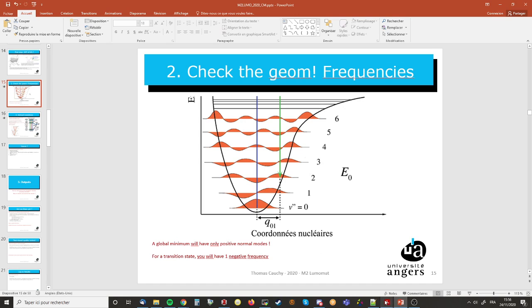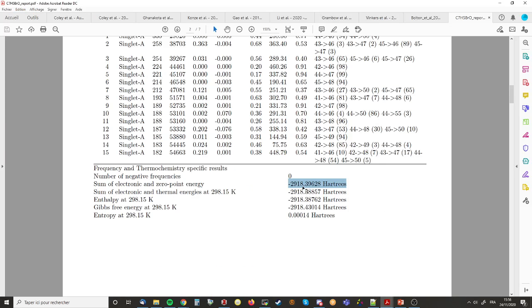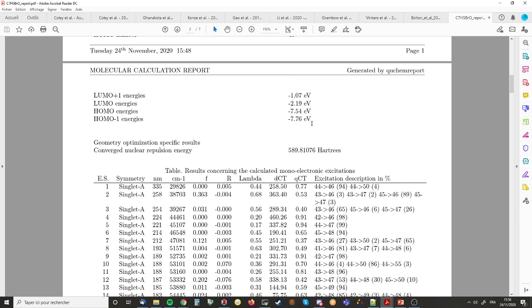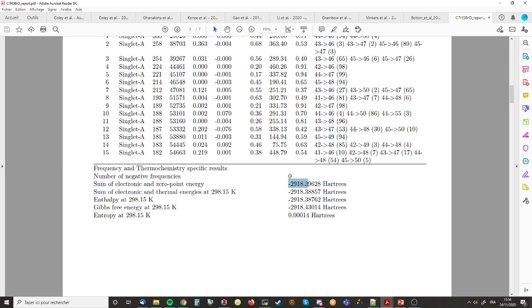So this is the zero-point energy. And in the results, you have the information here. So if you compare the total energy here, so minus 29.1849, for example, and here it's 0.1 hartree above, the zero-point energy is 0.1.